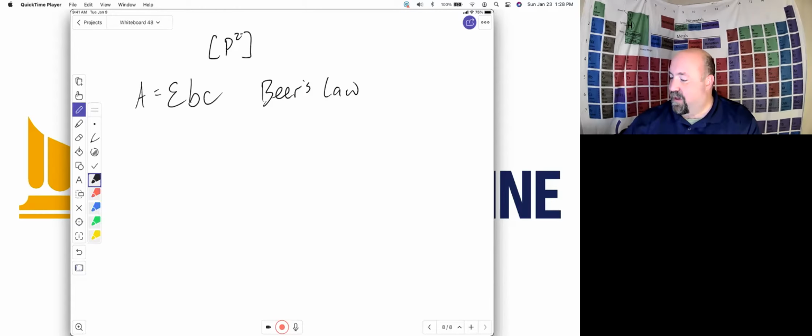As a quick little recap, what that looks like is you've got a cuvette here. Here's a light source. And so light is going to pass through. Here's your phenylphthalein solution. So our phenylphthalein is in there. Light passes through. So some of the light passes through to the detector.